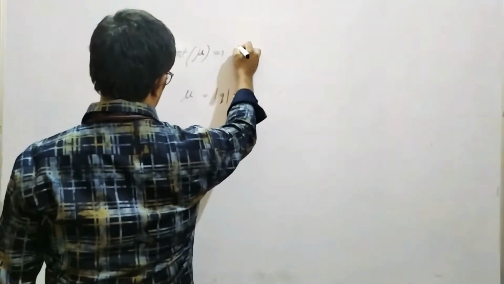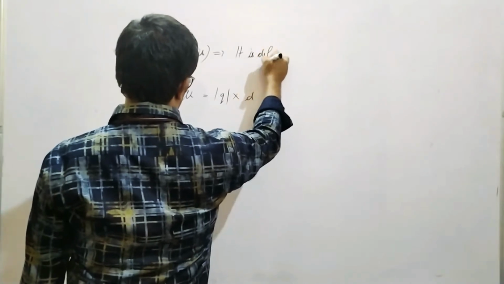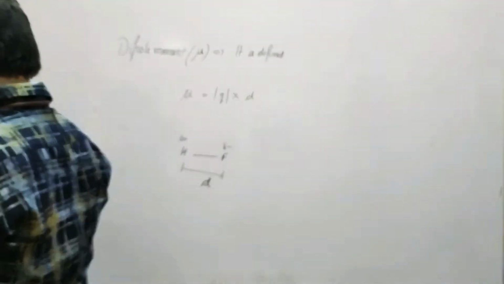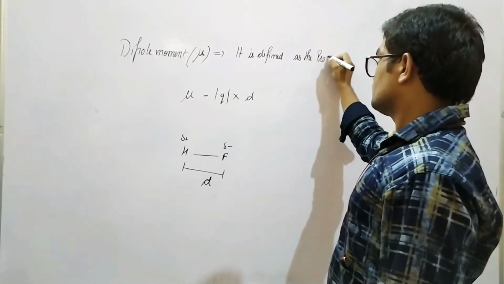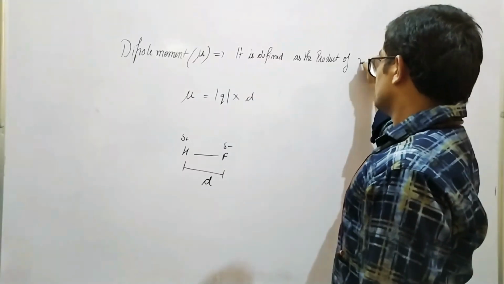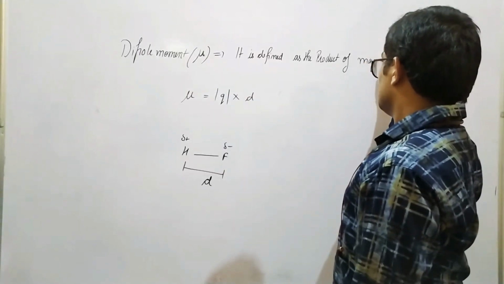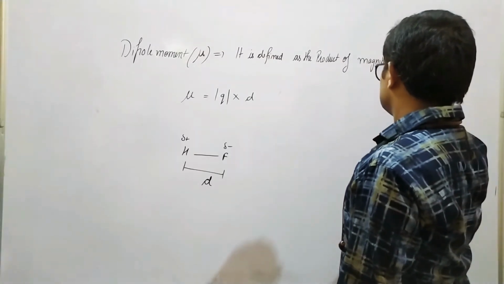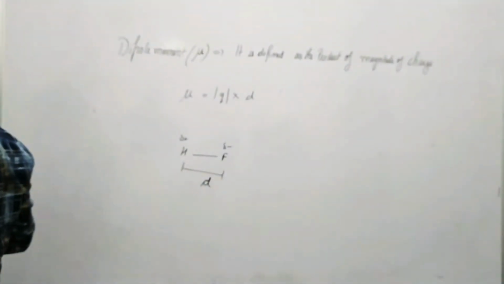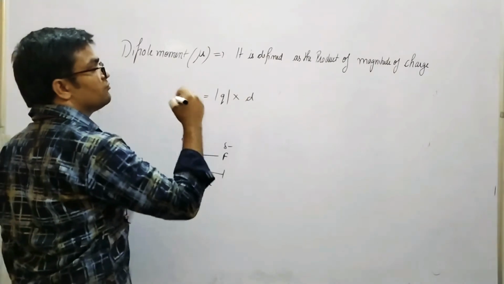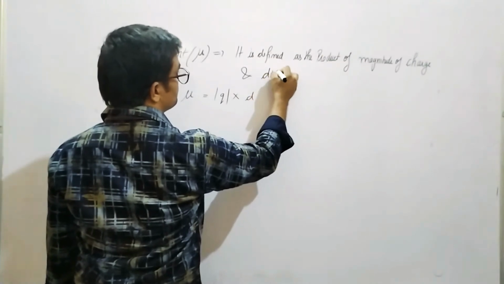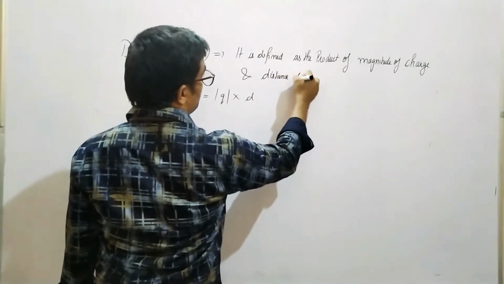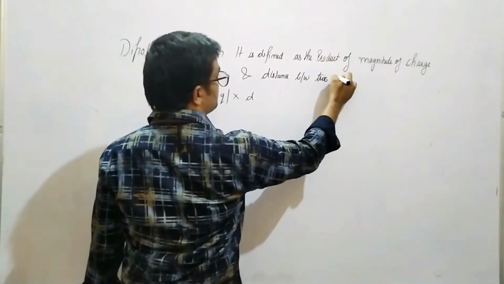Simply, dipole moment is defined as the product of magnitude of charge and distance between two oppositely charged atoms.